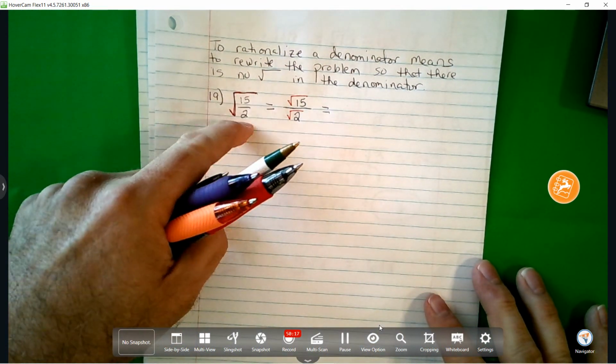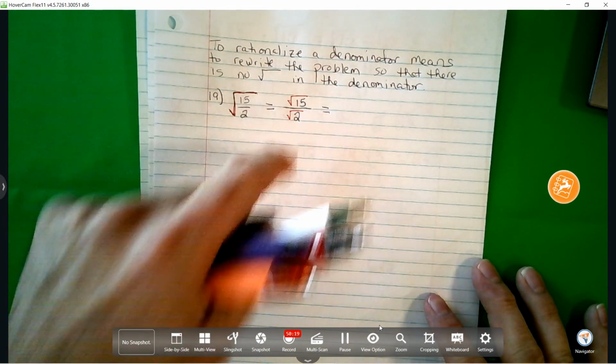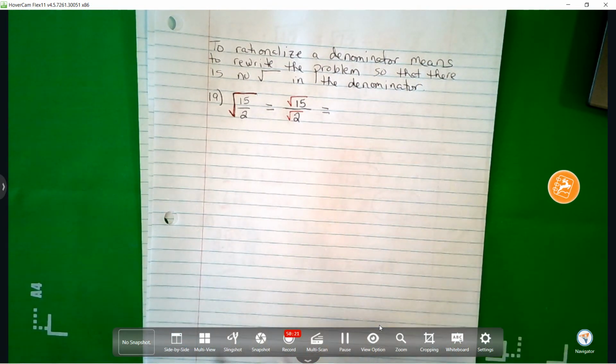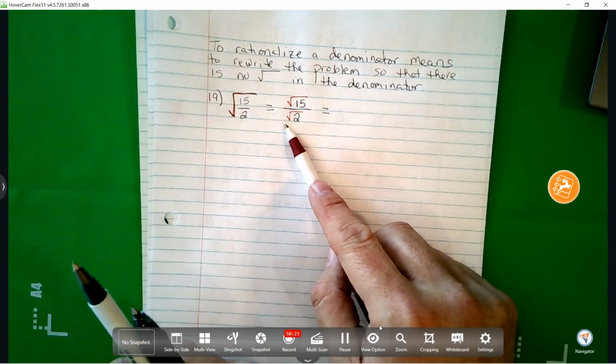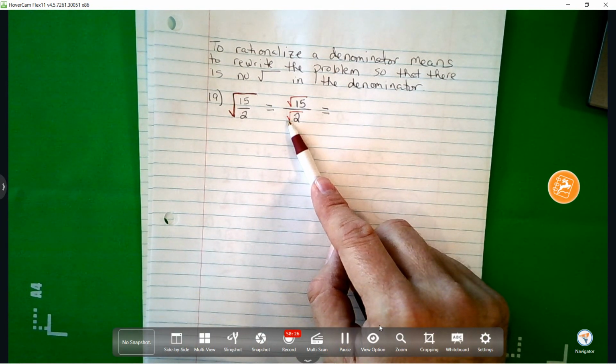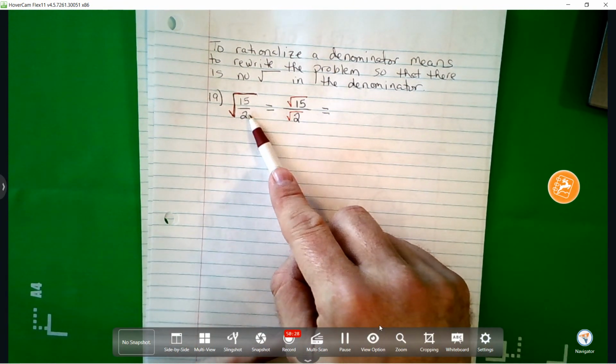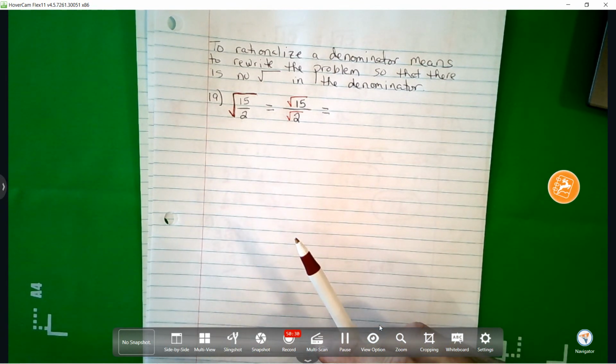Both of these numbers are under the square root symbol, so I've written it with 2 square roots. We want this fraction written where there's not a square root on that bottom. We don't want the denominator under a square root symbol, is another way of saying it.